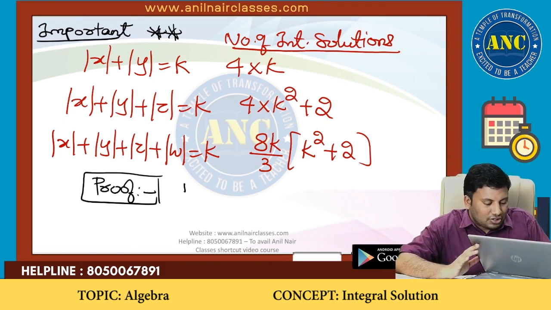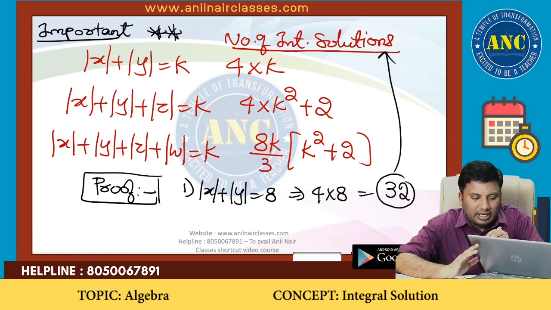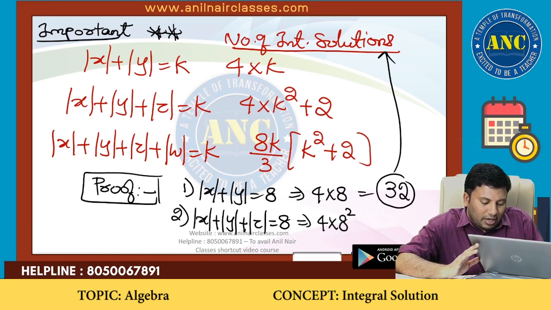So, for the first one, |x| + |y| = 8, the answer is 4 into 8, so the number of integral solutions is 32. Second one, |x| + |y| + |z| = 8: the answer is 4 into 8² + 2, which is nothing but 258.